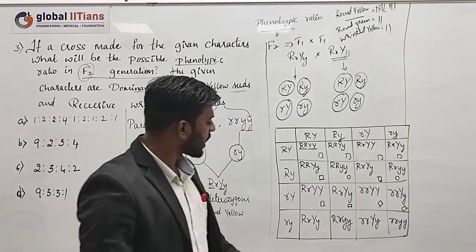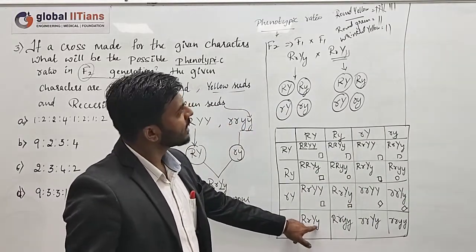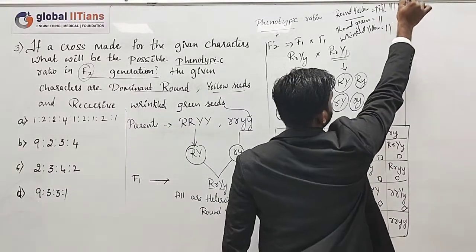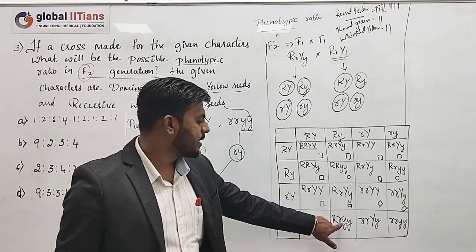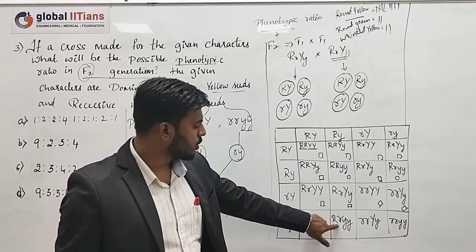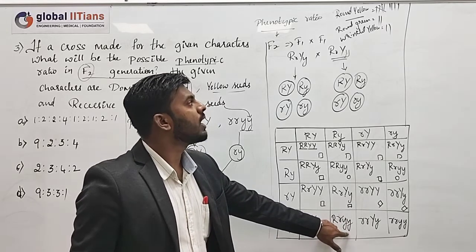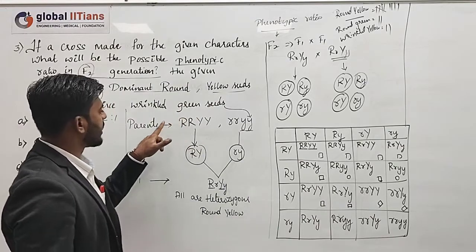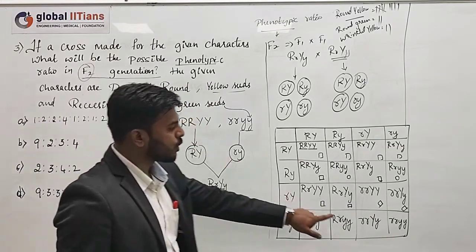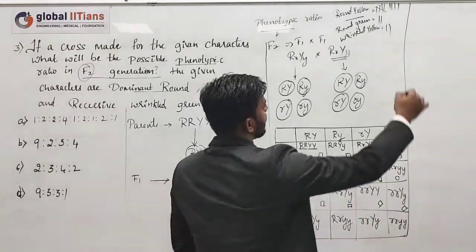At the last row right now, capital R, small y. Guys, round yellow. Make a mark. And here, capital R and small r there. So round, it's going to be round, and this one going to be a small y. What is this? The small y is representing green. So it's going to be a wrinkled green, right?